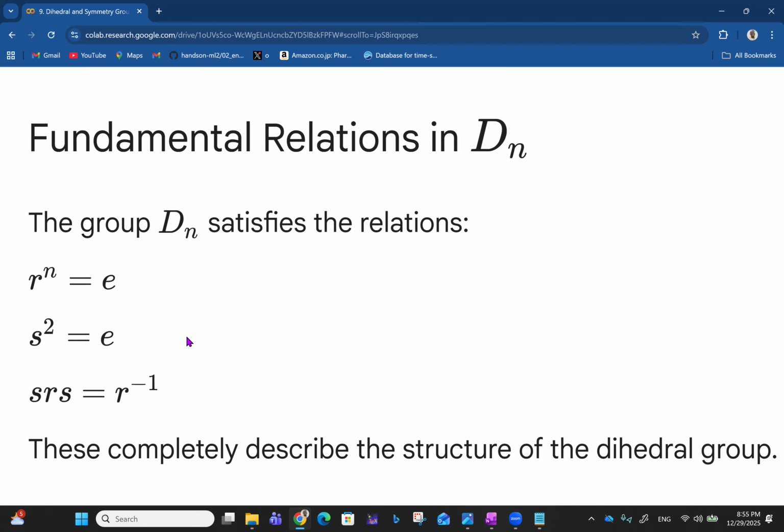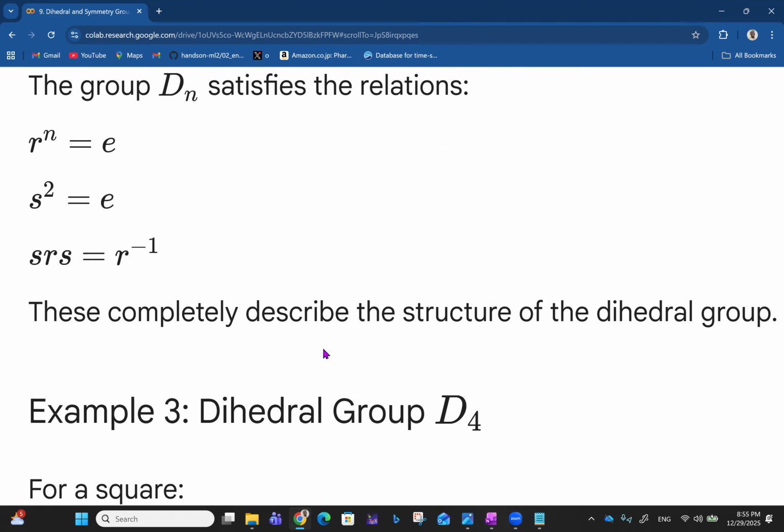These are the fundamental relations: the rotation raised to the power of the number of sides is the identity, the square of the reflection takes it back to the original, and if you reflect the first time, rotate secondly, and then reflect finally, you have the inverse of the rotation.